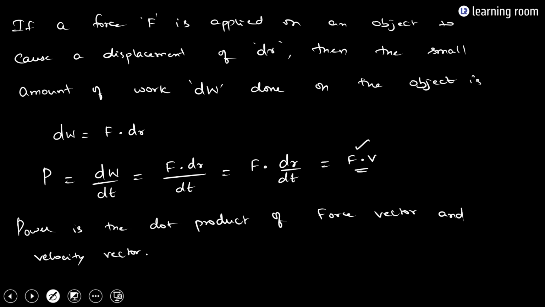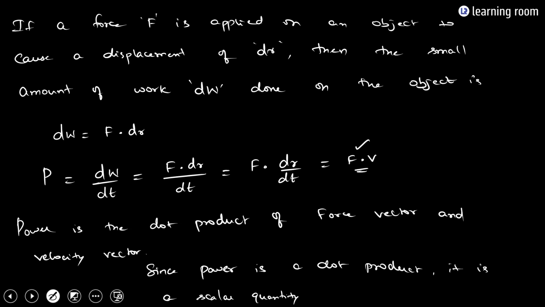Okay. Now see, since power is a dot product, it is a scalar quantity. It is a scalar quantity.